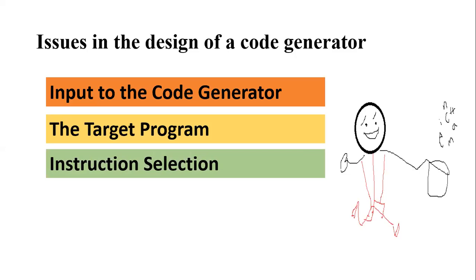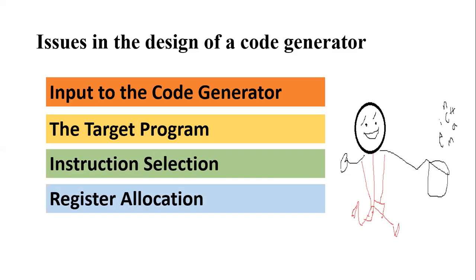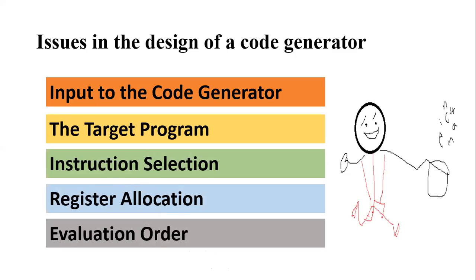The various types of instructions are there, which one you are selecting, and on what basis it will be selected. Register allocation. How to select the registers, and how many registers are available, all these things we have to consider. Then evaluation order.